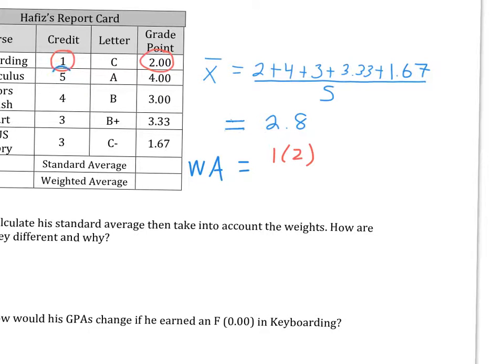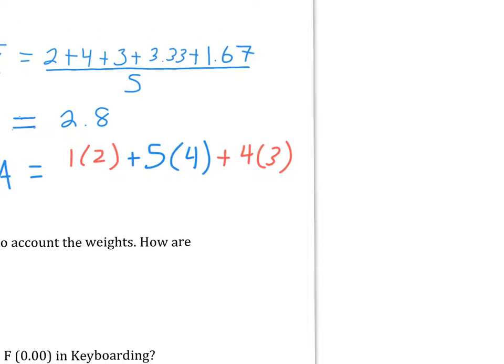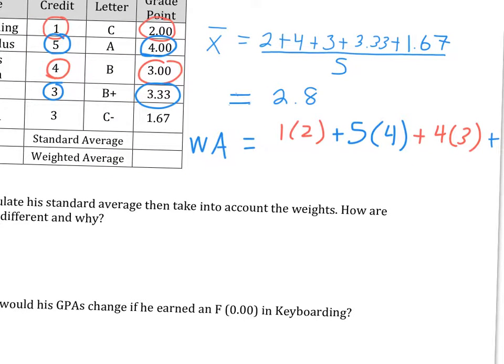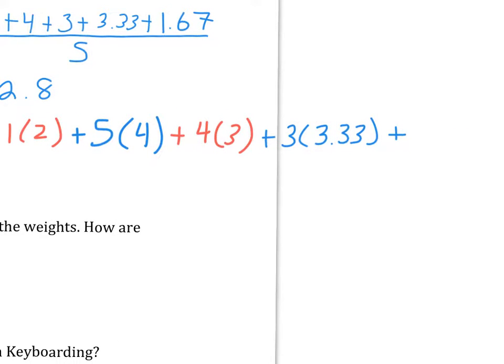The next, in AP Calculus, is 5 credits times the 4. Next, 4 credits times the 3. Next, 3 credits times the 3.33. And lastly, 3 credits times the 1.67.